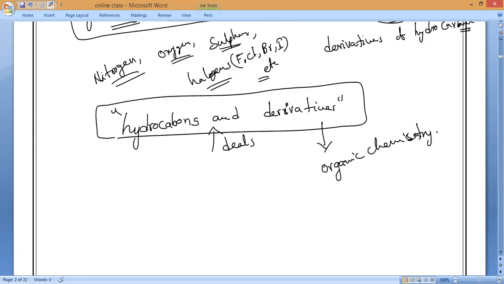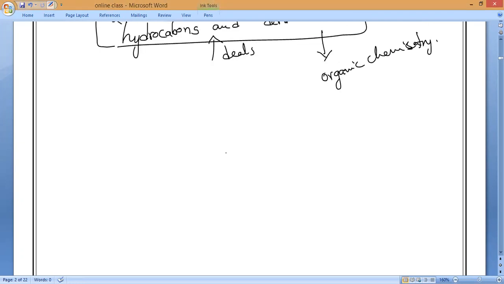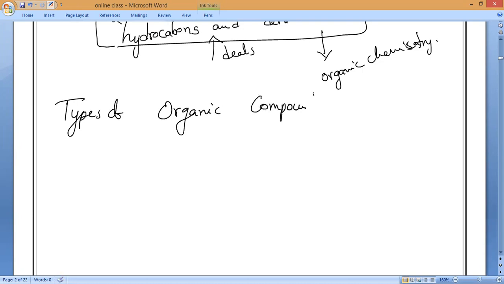Now we are going to study the next topic, types of organic compounds. So please all of you write: types of organic compounds. Whatever I am teaching now, we will study in the entire chapter, so one by one we'll study.